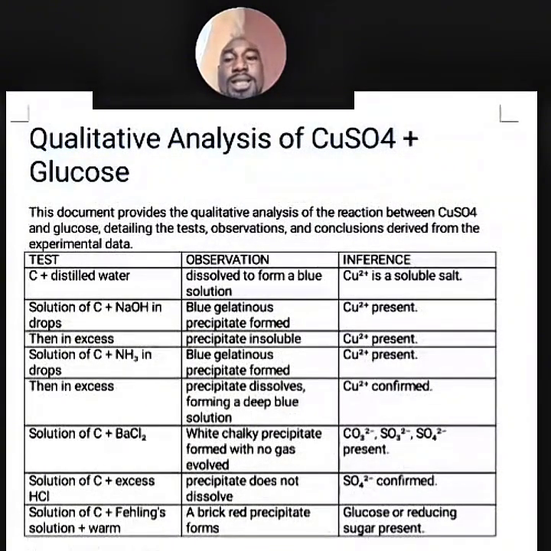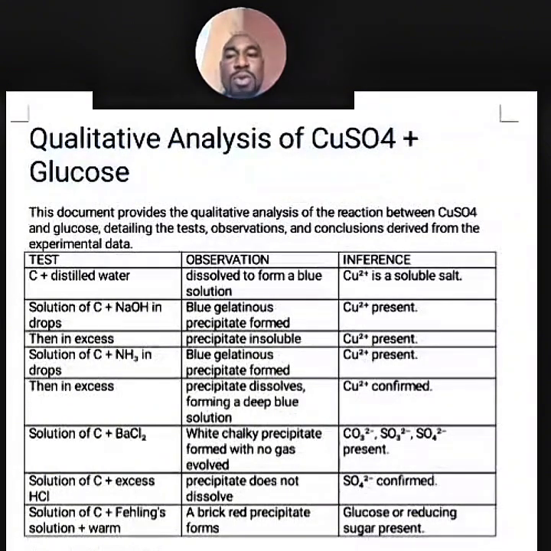You add your ammonia in drops to the solution C. Your observation will be a blue gelatinous PPT formed, and copper 2 ion is also present in the inference.